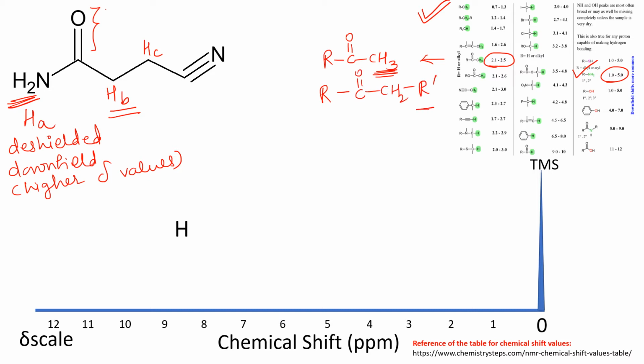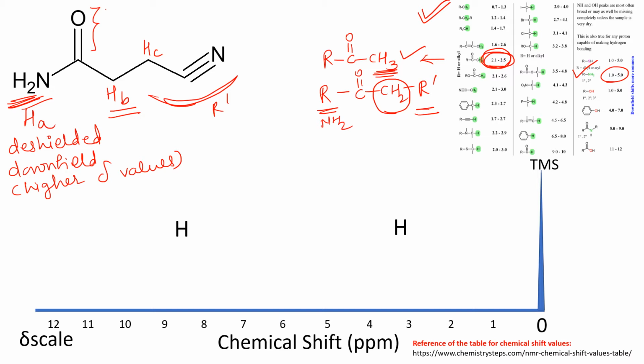This R dash is this part for us, and this R is the NH2 part. So these two protons will be more deshielded as compared to these three protons, so a little downfield as compared to this. So we may say that they may appear in this range.